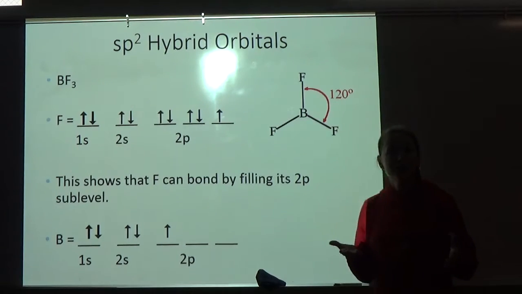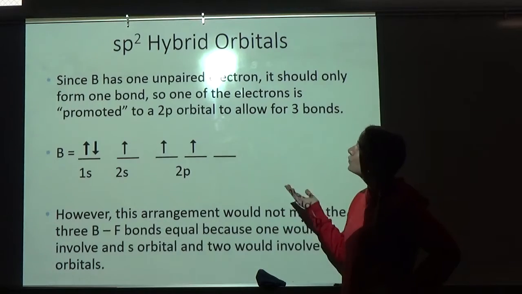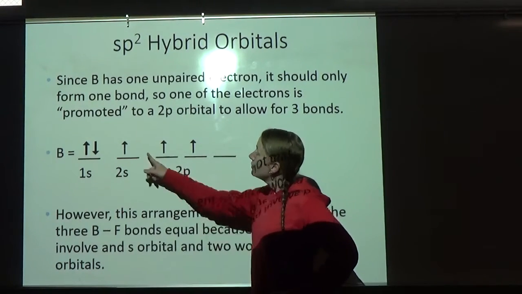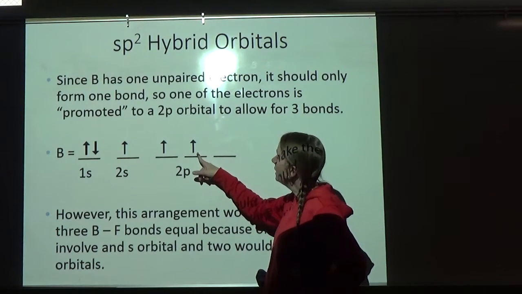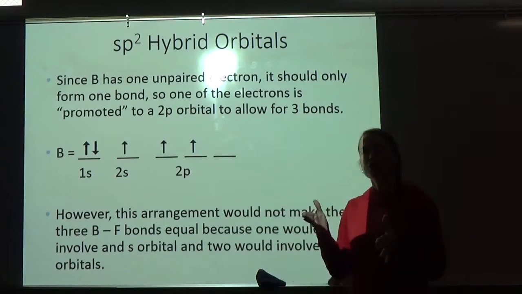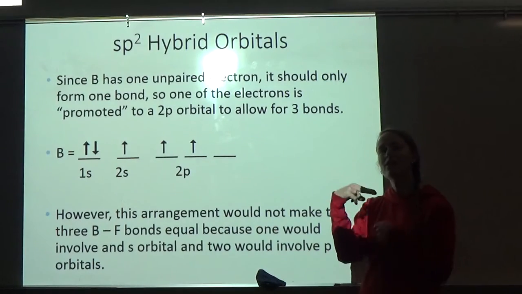So what we're going to do is something similar to before. Since boron only has 1 unpaired electron, it should only form 1 bond. So one of the 2s electrons is promoted to a 2p to allow for 3 areas to bond. Because when they bond, what they're trying to do is pair the electrons. So if the electrons are already paired, it shouldn't want to bond.